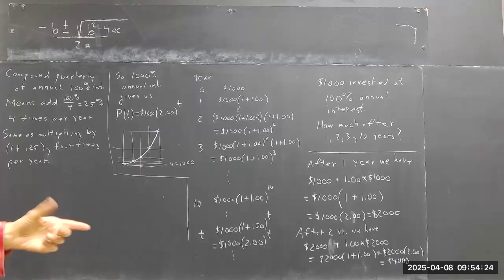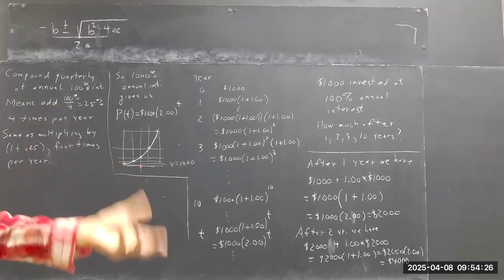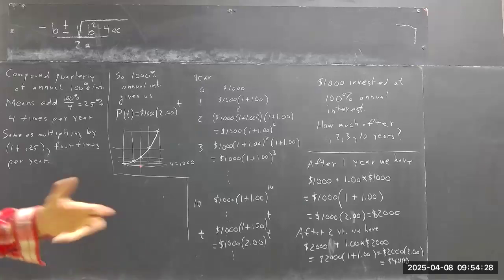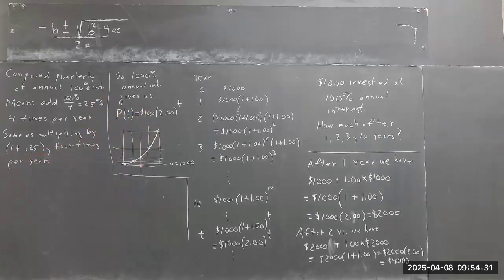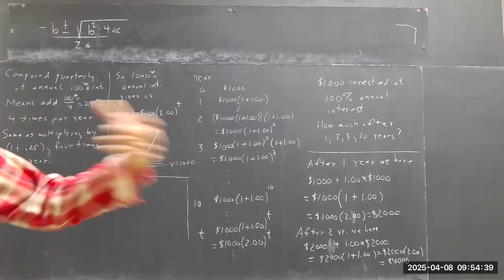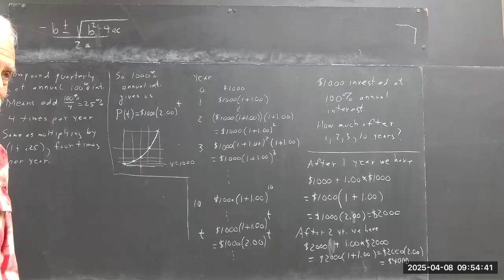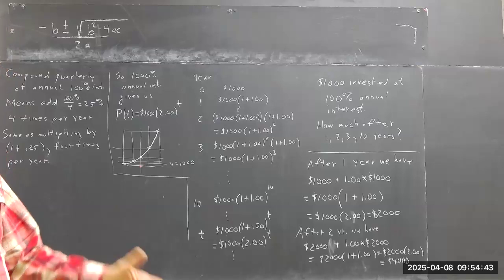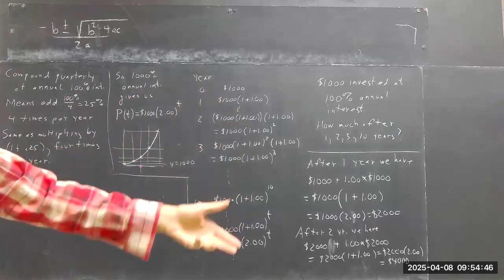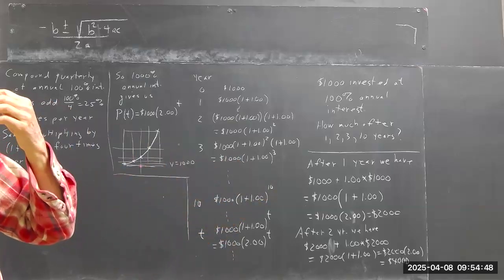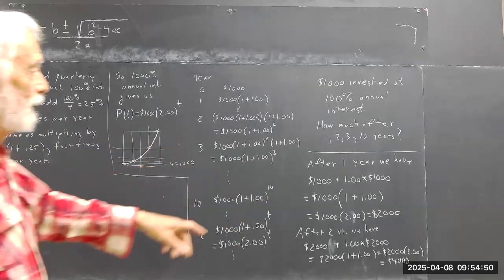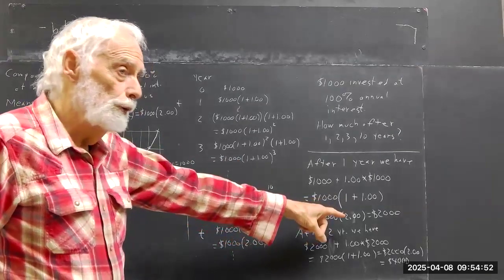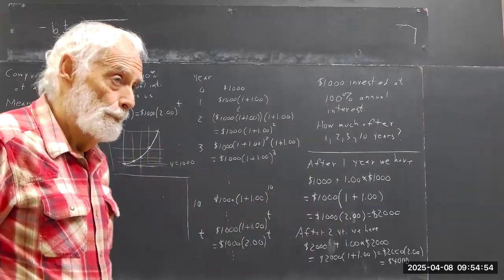Okay? Because 25% of 1,000 is 250. Add that to 1,000, you get 1,250. It's the same as multiplying by 1 plus 0.25. And then you take that 1,250 and add 25%. And that's going to give you more money. And you take that money and add 25% and do that again, you're going to have significantly more than just $2,000 after a year.